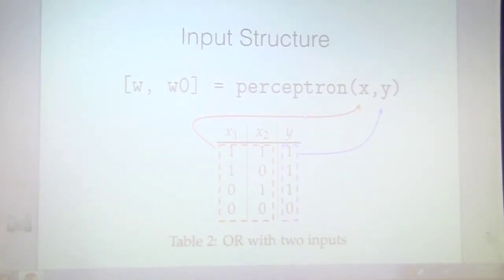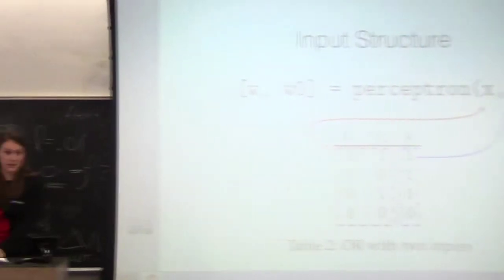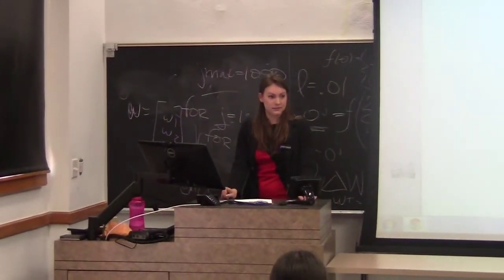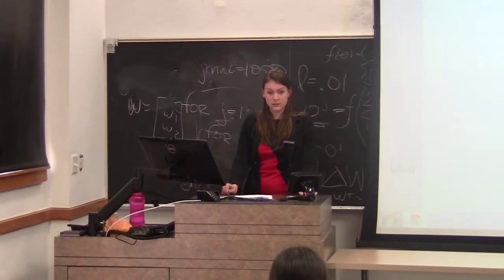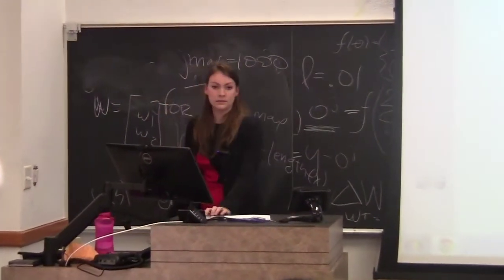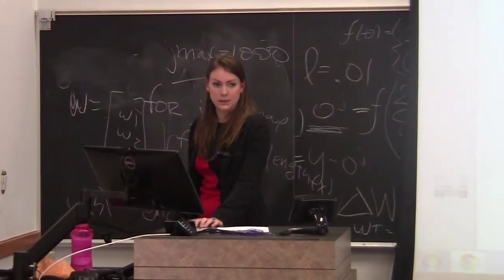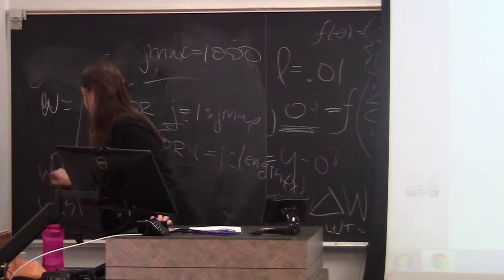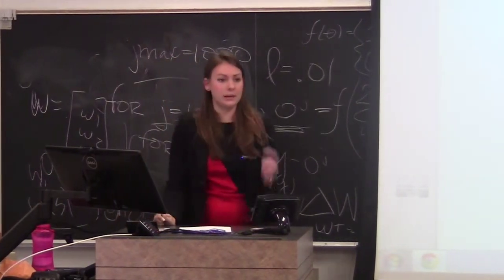Yeah, this guy is W0. The third element of the W vector is W0. How can we assign it? W0 equals that, right? And then you need to get rid of W3.